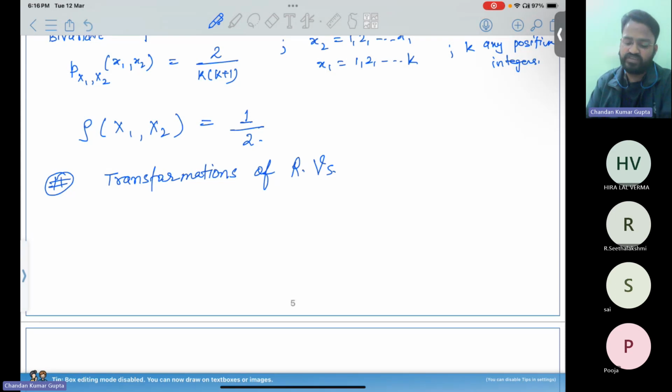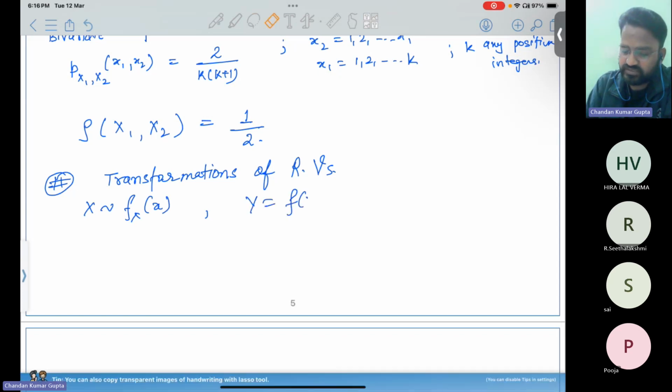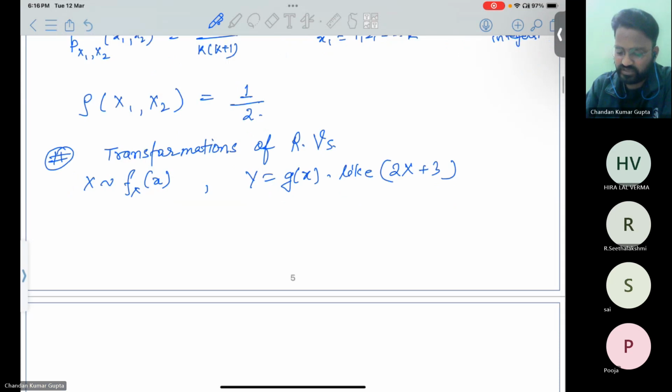Suppose we have a given distribution, x follows some distribution, and we need to calculate y equal to g of x, and we need to calculate the PDF and the different statistical characteristics of y, which is a function of x, like 2x plus 3 or something else. We may directly use the concept of transformation of random variables to calculate the PDF of y. For this we have some conditions or assumptions.